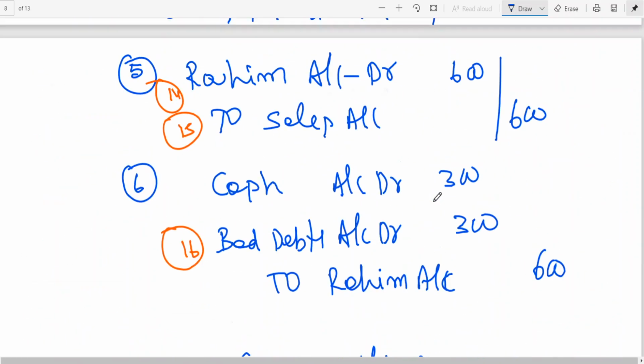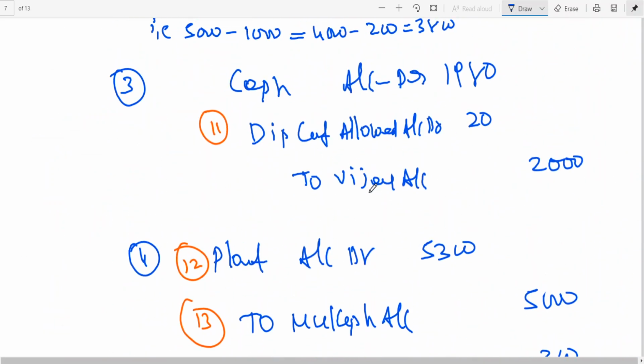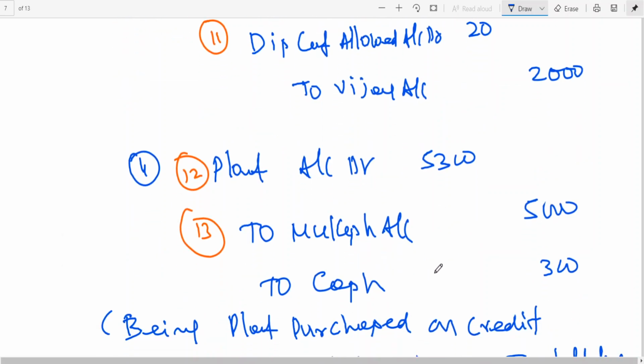Now after that entry is completed, plant account debtor to Mukesh to cash. Again this is a combined entry. In plant account debit side I must write to Mukesh 5,000, to cash 300. In Mukesh account credit side I must write by plant 5,000. In cash account I must write by plant 300.